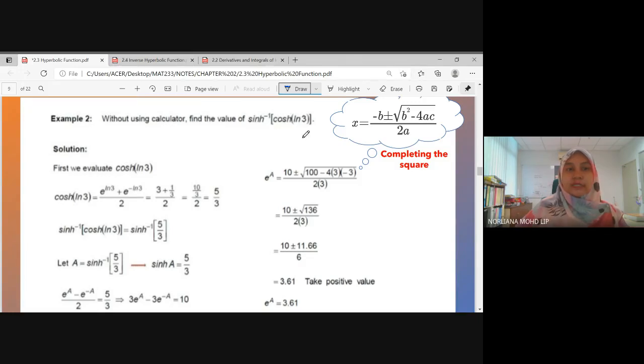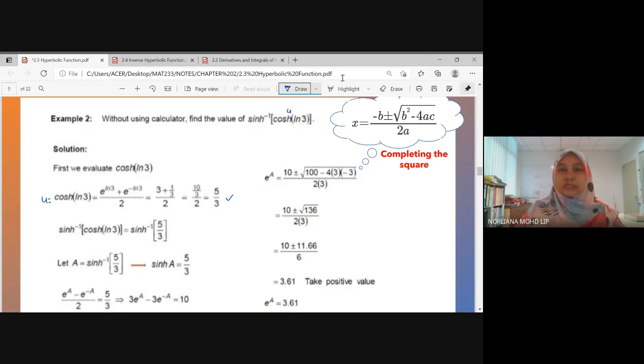So first we let the function u equal to this hyperbolic cos ln 3. By using the definition, we substitute the value of x. Then we get the hyperbolic cos u equal to 5 over 3.